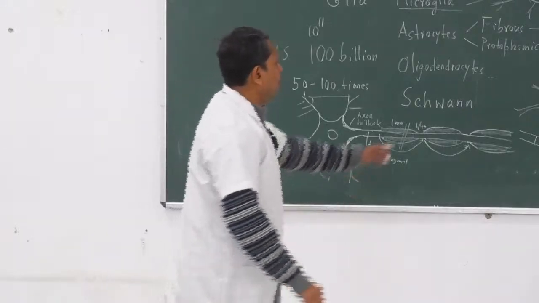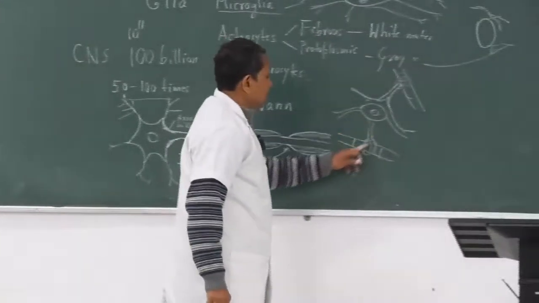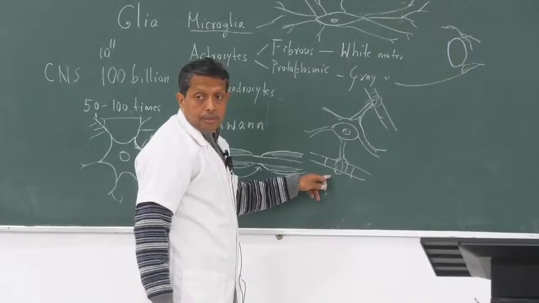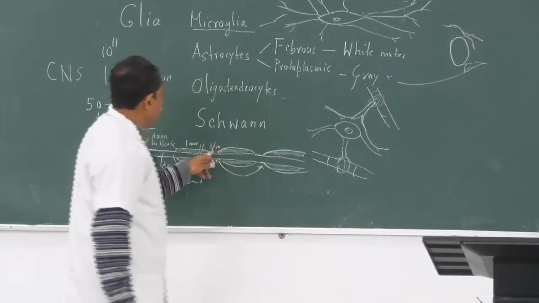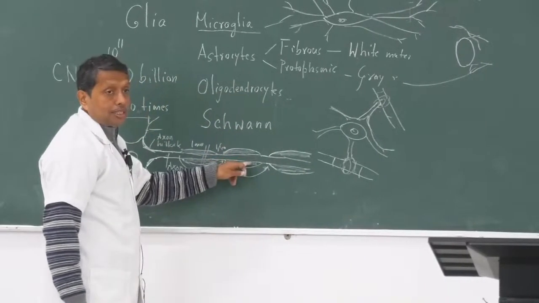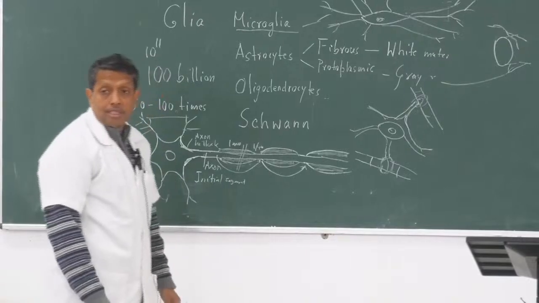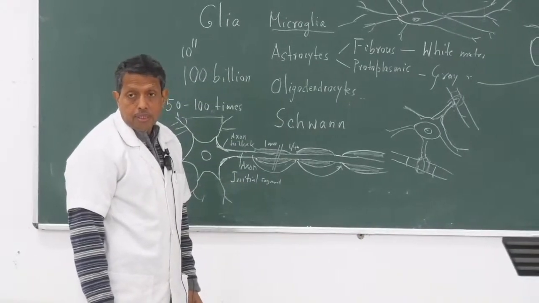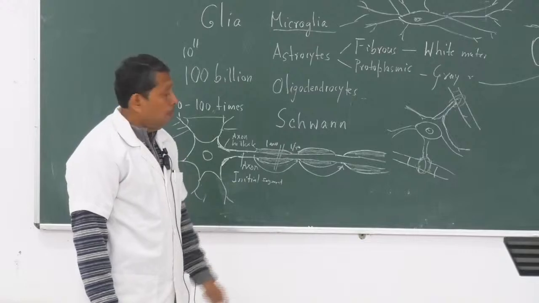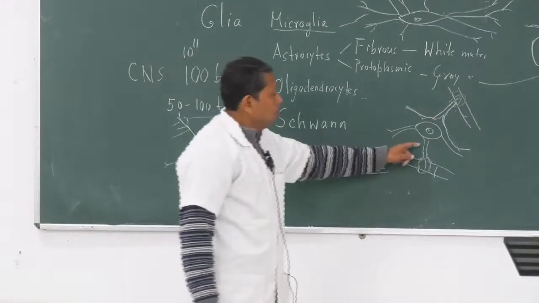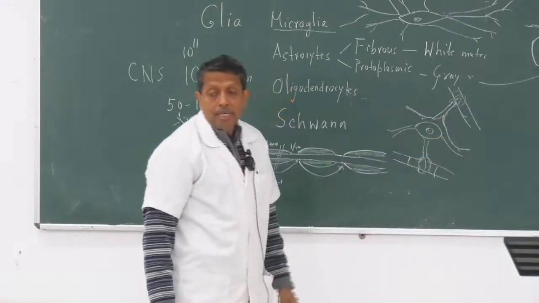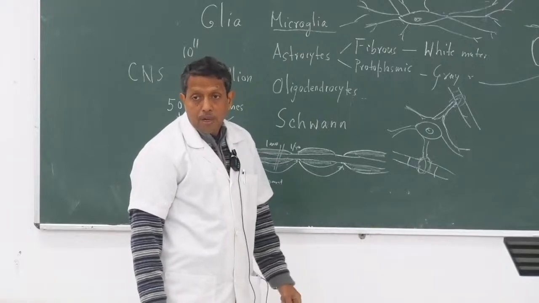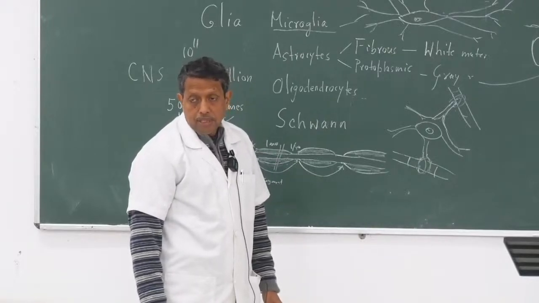In case of oligodendrocytes, the same thing is occurring. But in the case of the internodal space, there is only a single Schwann cell that is responsible for this. Single Schwann cell. But here, it is responsible for myelination of a good number of axons.